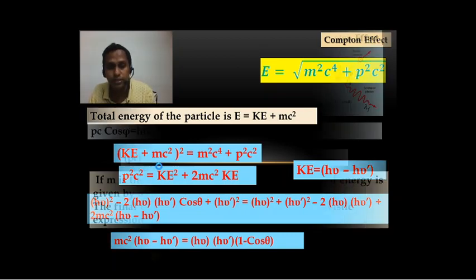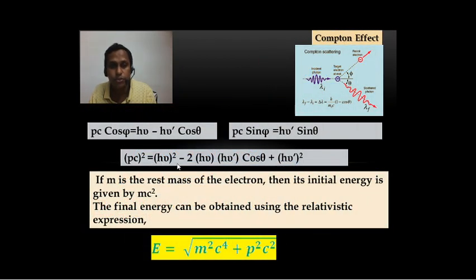In the previous case we came across this equation, p²c² = (hν)² − 2hνhν′ cosθ + (hν′)². Now look at these two equations. The left hand sides are the same, so the right hand sides must be the same.